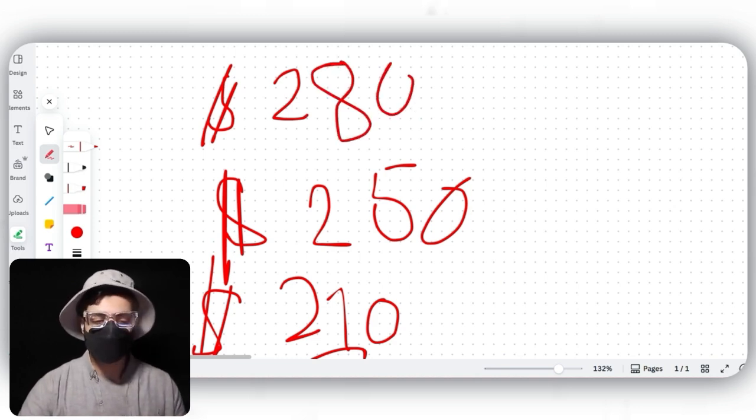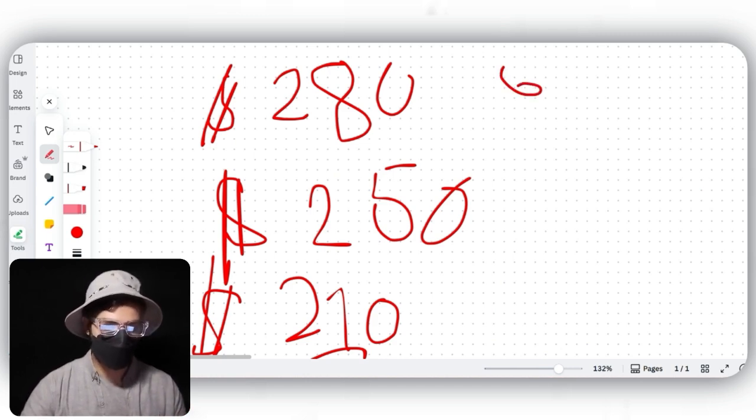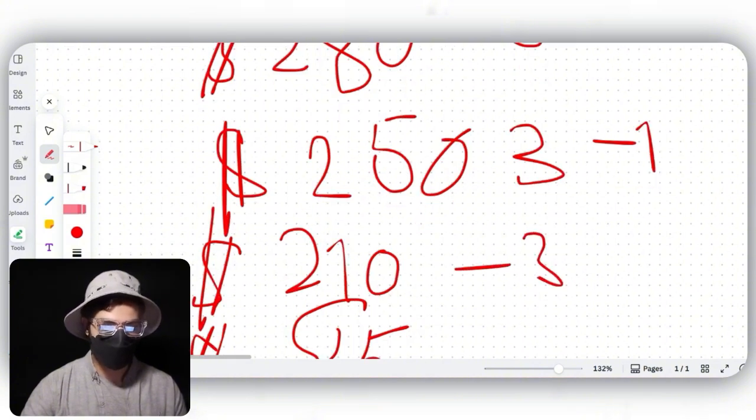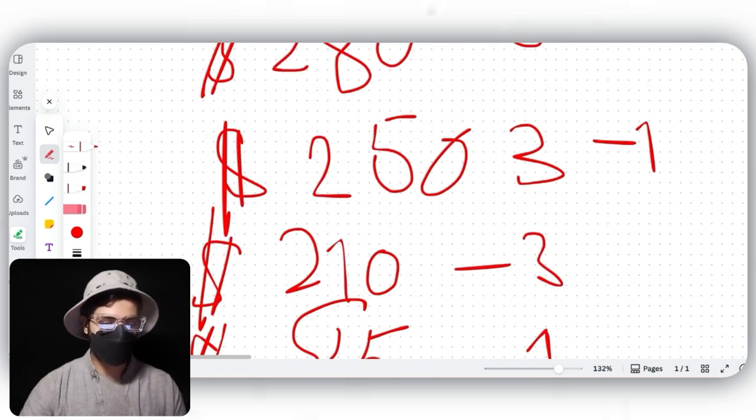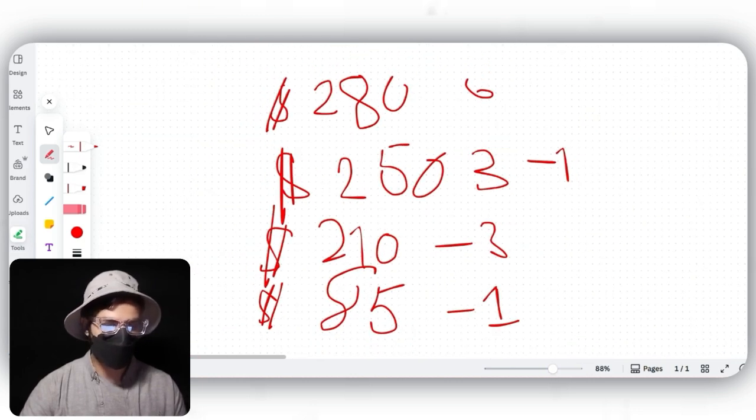These four different people spend four different amounts of money to buy the supplements. This person buys 6 bottles, this person buys 3 bottles plus one upsell, this person buys only 3 bottles, and this person buys only 1 bottle. So four different people buy four different packages, and you can see four different amounts of revenue generated.